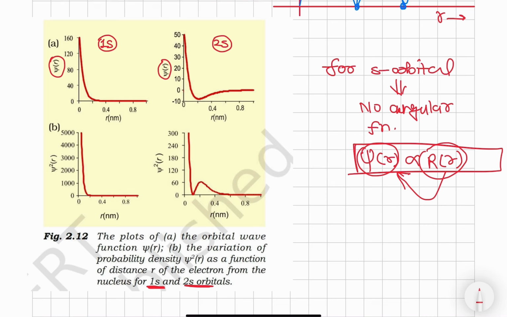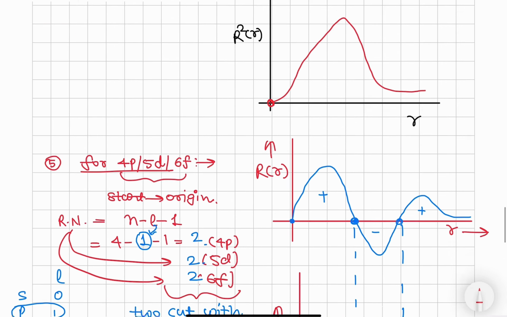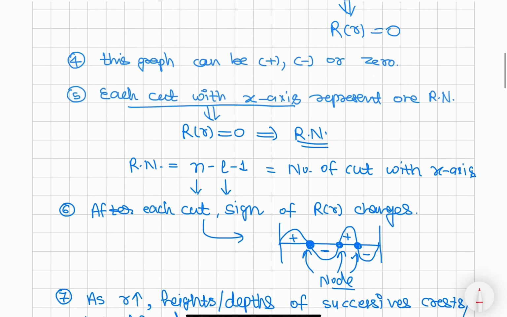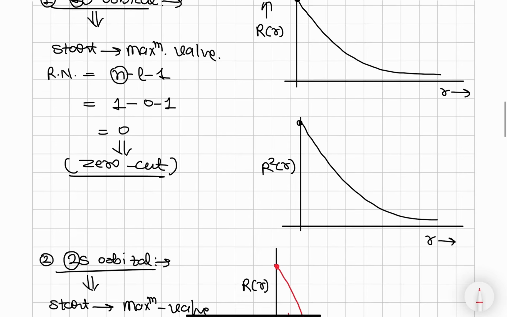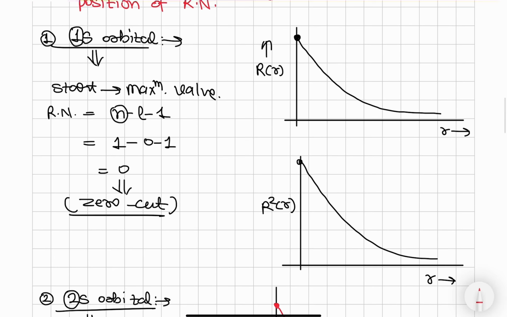First of all, what's the graph? See the graph psi r versus r for 1s orbital and 2s orbital. Here you can see for 1s orbital, first of all we will see our graph. For 1s orbital, the graph starts from maximum value and approaches parallel to x-axis as we go from the nucleus, as the value of r increases.